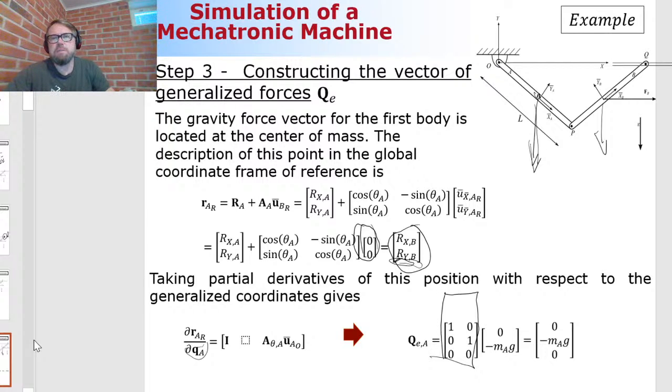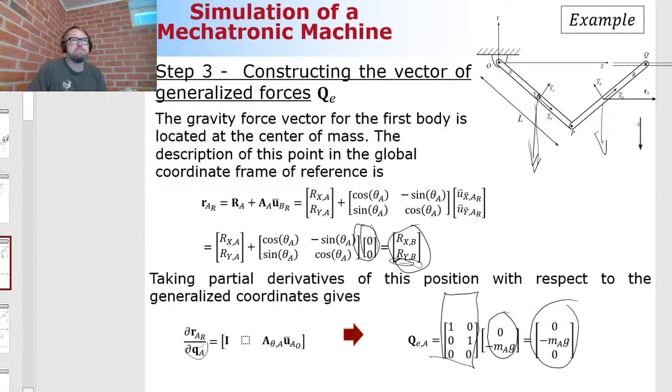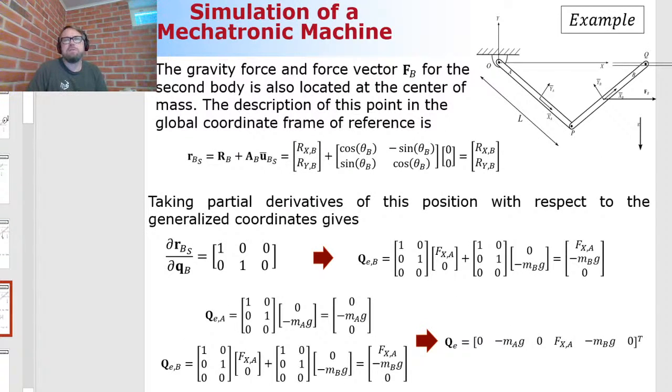Once I multiply the force expressed in the global coordinate system with my mapping matrix, this is how the forces look in the first body case. In the second body case, I'm just going to redo the whole thing again. I'm going to look at how this point here is, and then differentiate that point with respect to generalized coordinates, and I will get the mapping matrix. This is my mapping matrix.